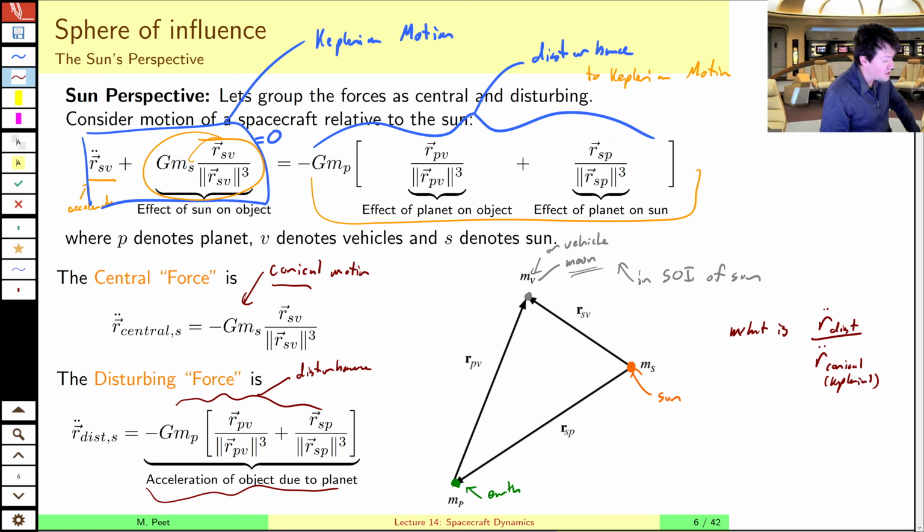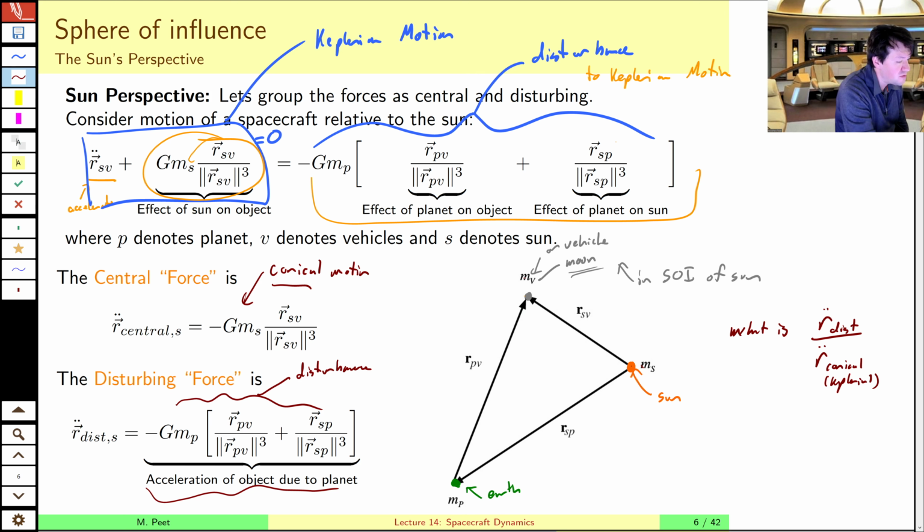That's what we're going to be looking at. So let's look at these bits. What are these bits? Well, we know what this bit is. This is the relative sun-vehicle vector, divided by the distance between the sun and the vehicle. We're pretty familiar with that.